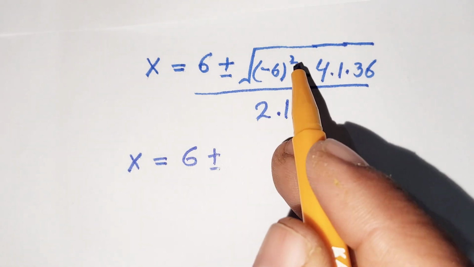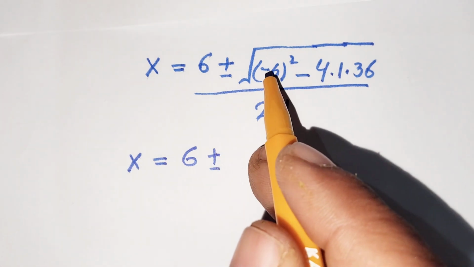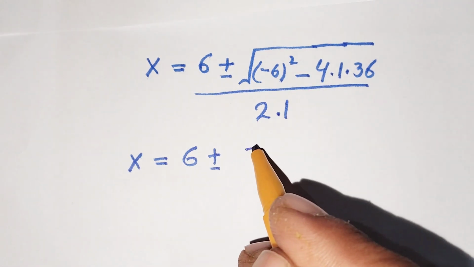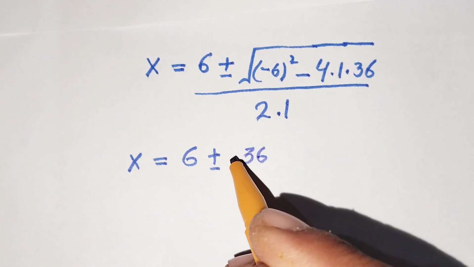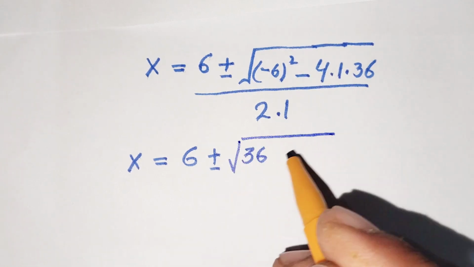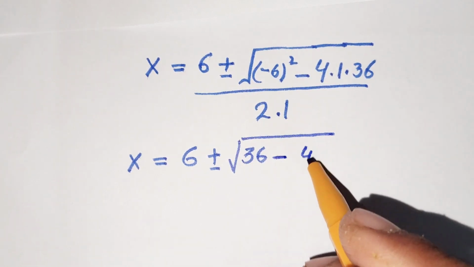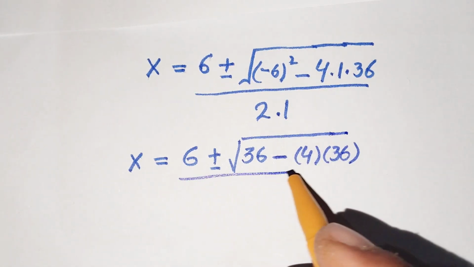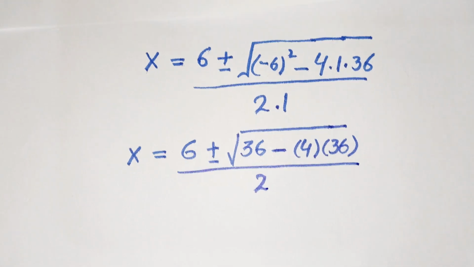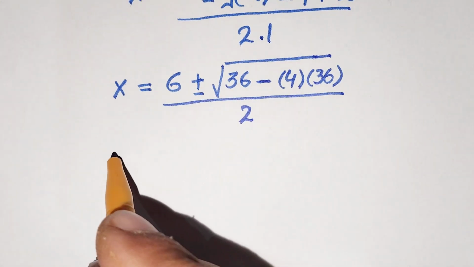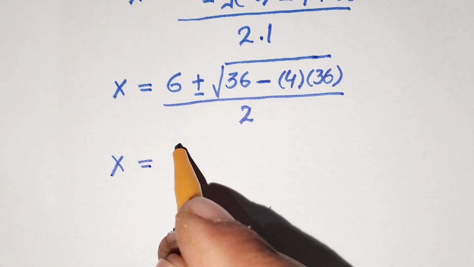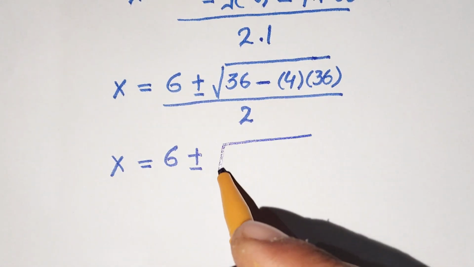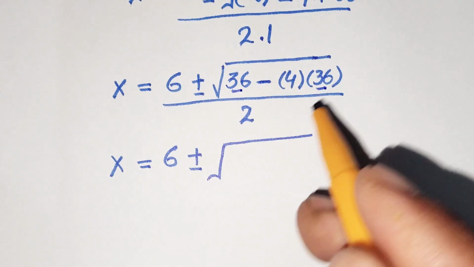We know that if the power is even, then this will be positive. So 6 times 6 is 36, square root of 36 minus 4 times 1 times 36, whole divided by 2 into 1, which is equal to 2. Now x is equal to 6 plus minus, and we take 36 common, since 36 and 36 are common.